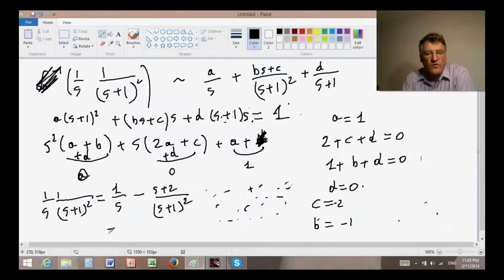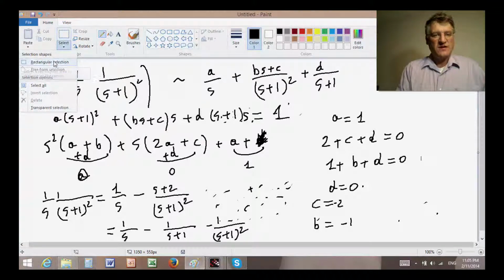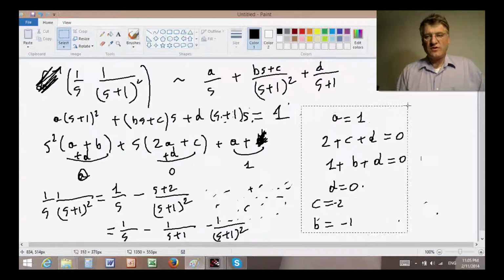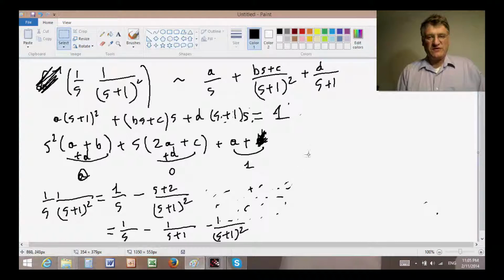Equivalently, we can write this as 1 over s minus 1 over s plus 1, and then there remains minus 1 over s plus 1 squared. Given that we have finally done these computations, we are in a position where we can now discuss the time response. The time response of this looks like what follows.